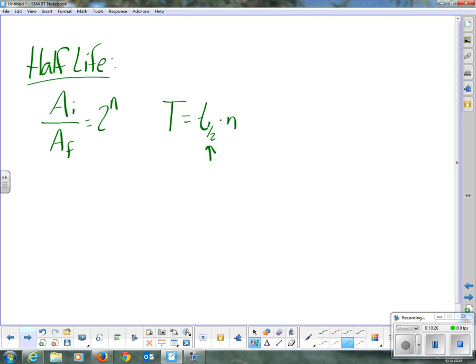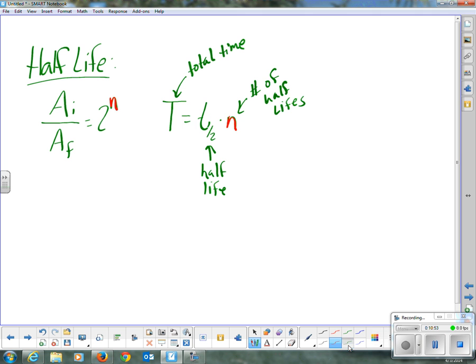T1/2 is half-life. n is the number of half-lives. Big T is total time. And the n is what ties this equation and this equation together.